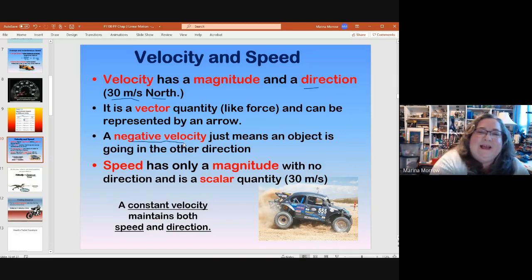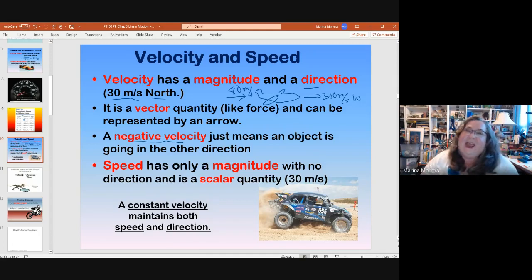So if you've got that airplane, oh, here comes drawing skills. It's not a bad airplane. Okay, so if the airplane is going at 300 meters per second to the west, and there's a tailwind of 80 meters per second, well, then those two are going to add up, right?